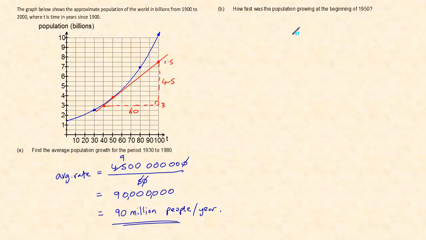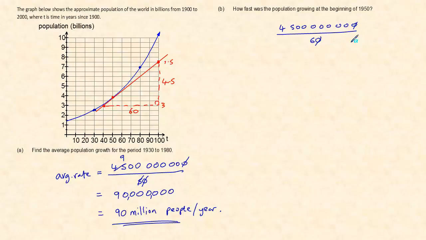So that's going to be 4,500,000,000. This time we're dividing that by 60.